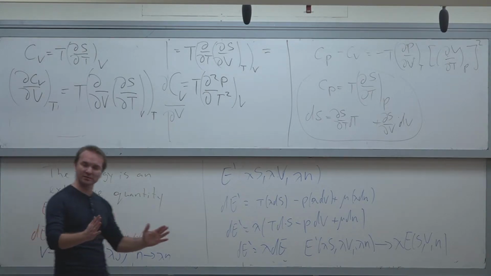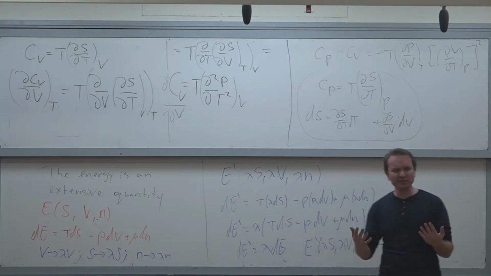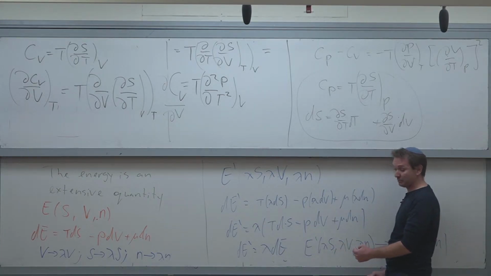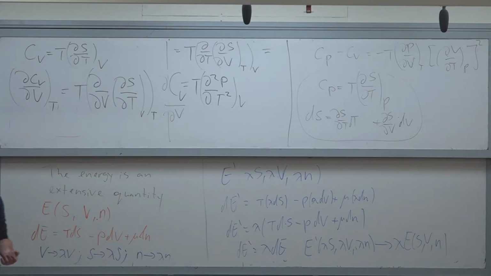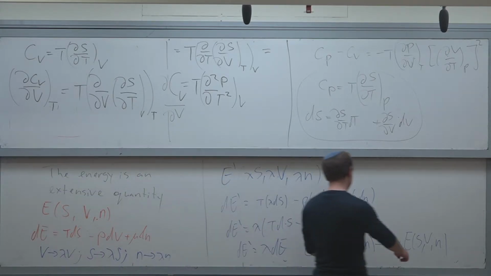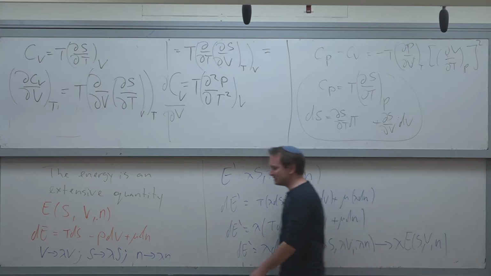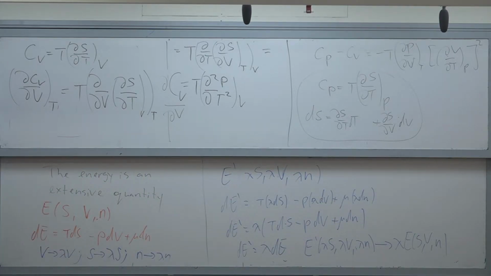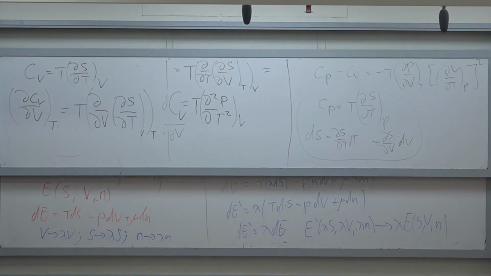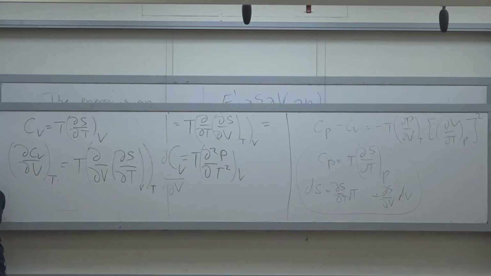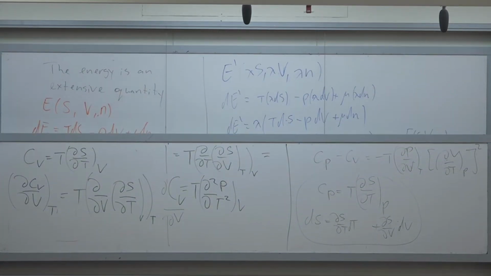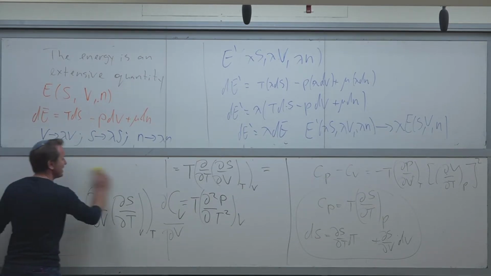I increase the size of my system, and a proportional increase appears for the extensive quantity. Energy is extensive: I increase the system by lambda, the energy increases by lambda. Entropy is extensive: I increase the system by lambda, the entropy increases by lambda. But this has a name, or let's say a specific property. What is the property of a function that follows this rule? You have probably learned it, or at least the ones who learn in the math department.